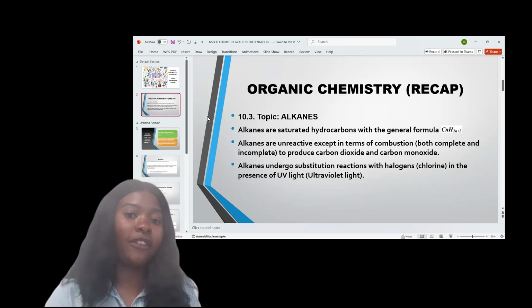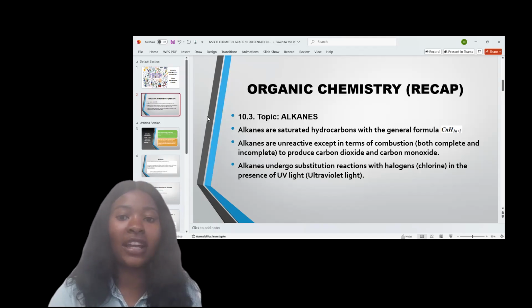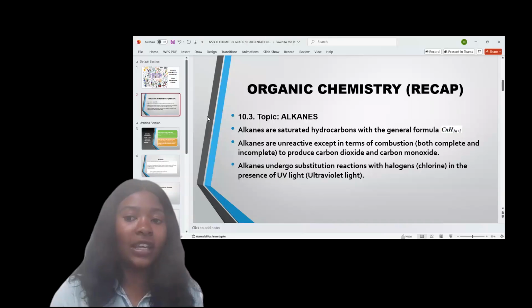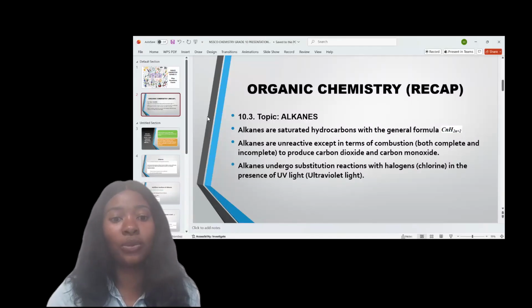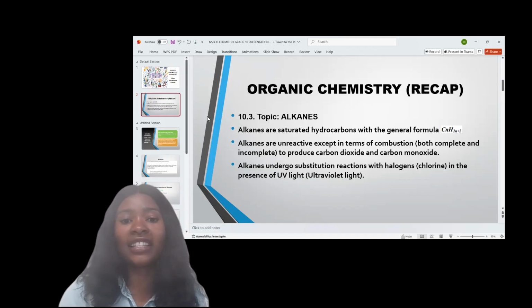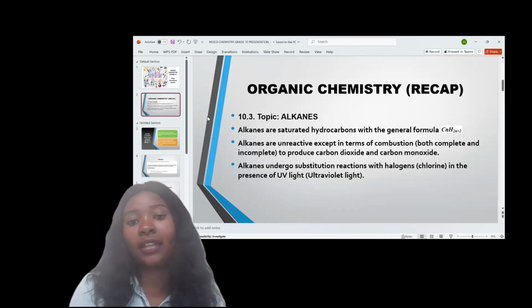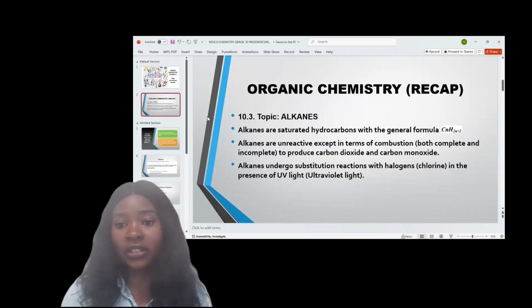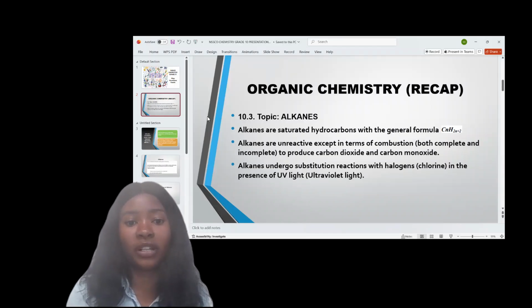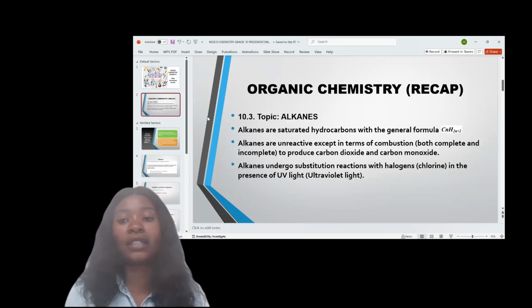We defined alkanes as the saturated hydrocarbons, and we also saw that they have a general formula given as CnH2n+2. We also discussed that alkanes are unreactive except in terms of combustion, whereby we have both complete combustion and incomplete combustion, to produce carbon dioxide and carbon monoxide plus water.